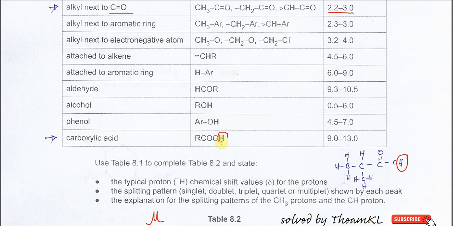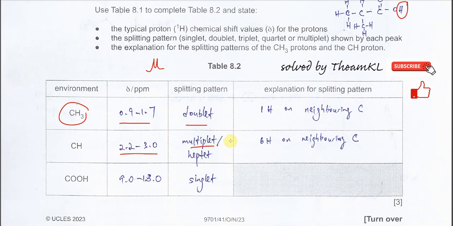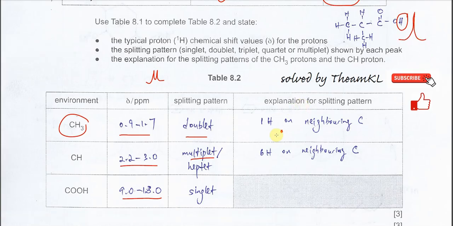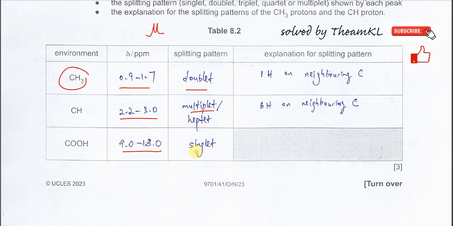When the proton is in the carboxyl group, its chemical shift is 9 to 13. And because no coupling is involved, this proton is not going to couple with any proton, not like the others just now. So it stays alone and forms a singlet, 1 peak only. Therefore the splitting pattern is a singlet.